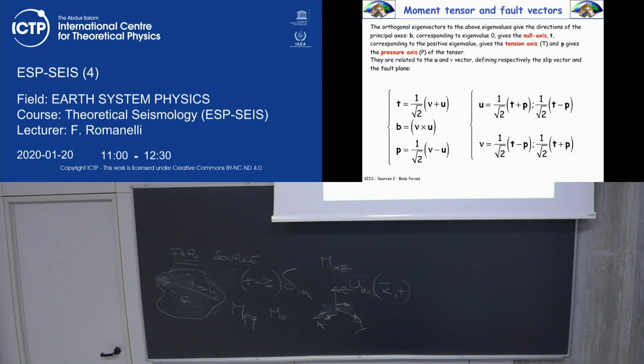We have a third vision that is intermediate, because when we go to M_pq, we know that it is symmetric. If it is symmetric, it can be diagonalized. What does it mean? That we can find a set of 3 principal axes in which the tensor is purely diagonal, and we have used it in the previous slide.